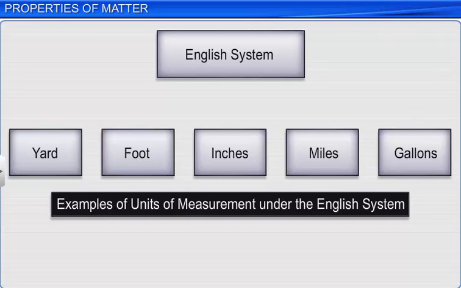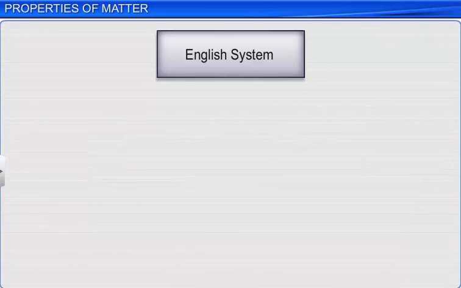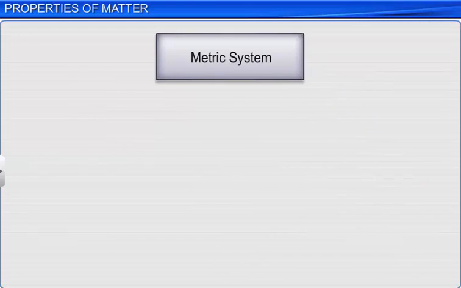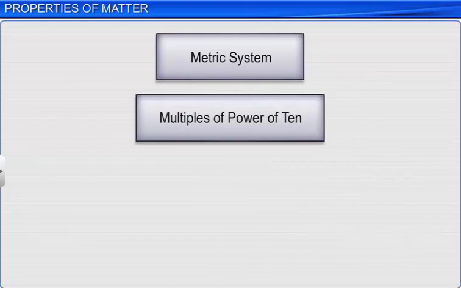However, there was no uniformity in the conversion of one unit to another. In 1791, the French Academy of Science introduced the metric system. Under the metric system, the units of physical quantities relate to each other as multiples of power of 10.